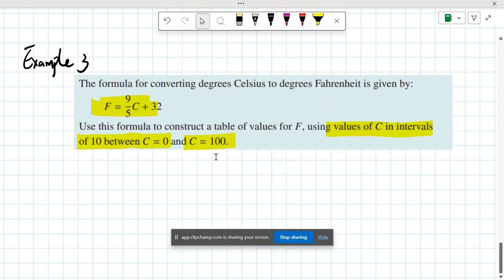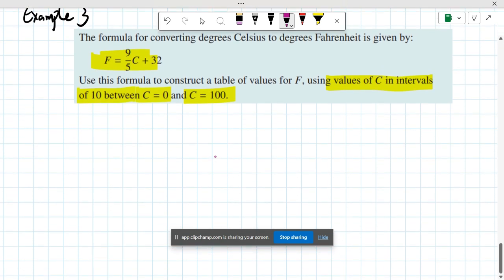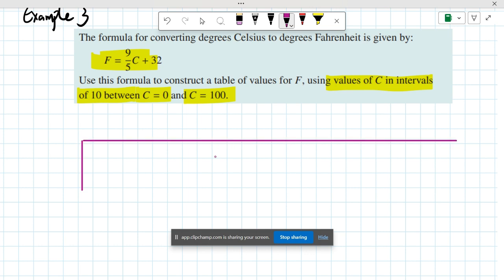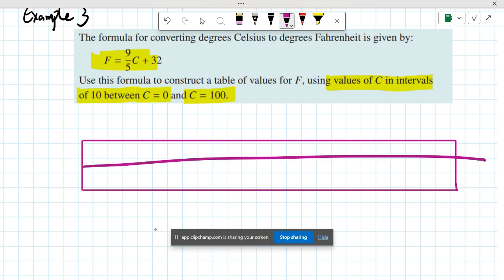Another question I want you to do is to solve this with the CAS calculator. First, we know the formula, and we're going to create a table of values. We create a table with the value of C in the interval 0 to 100, in steps of 10.